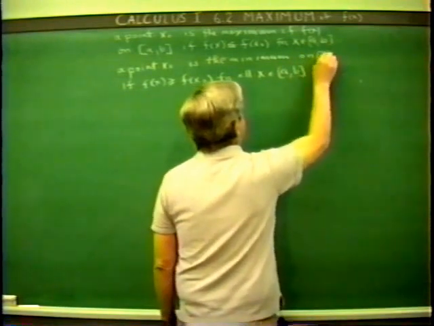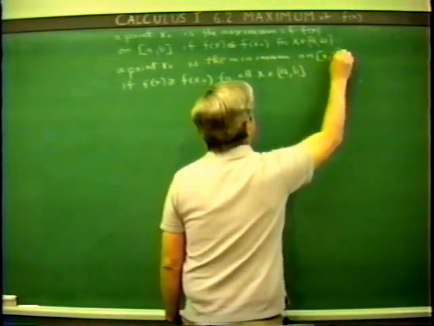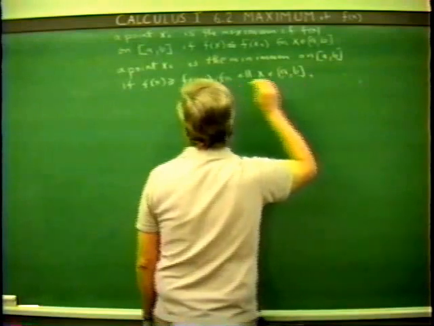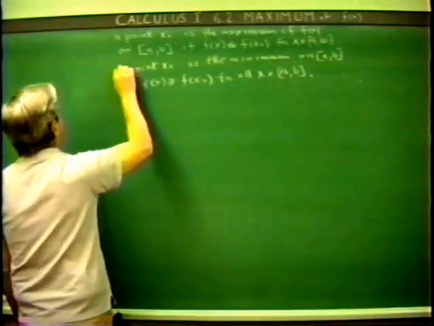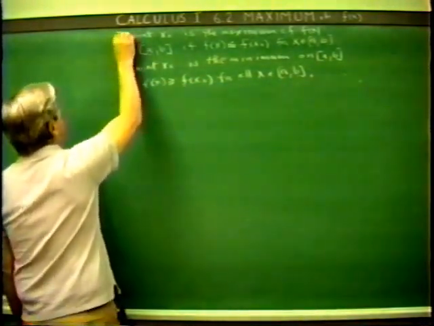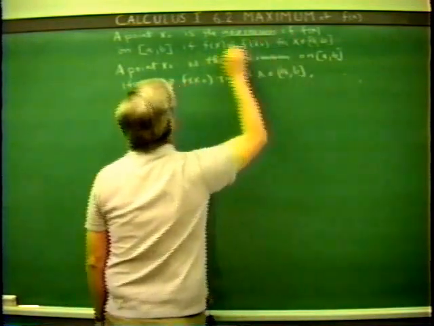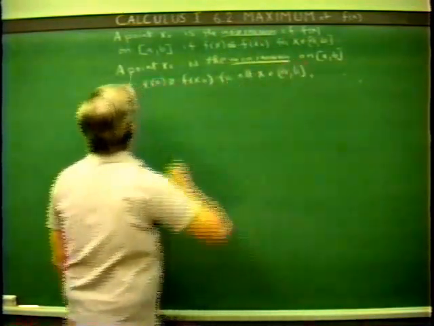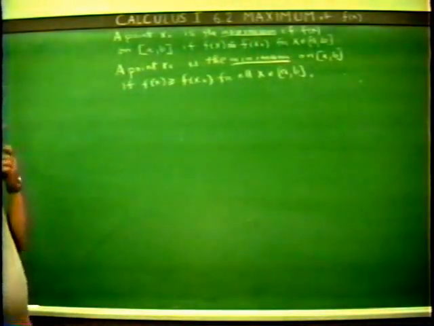This is the minimum on the interval AB. So those are two definitions, maximum of a function and minimum of a function.